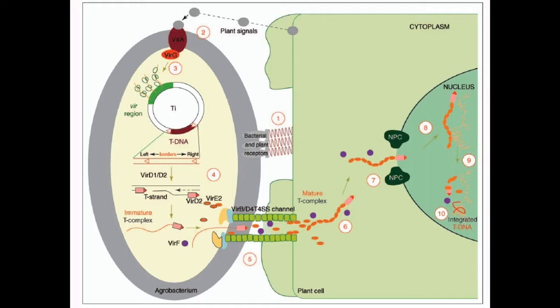So virD is one protein, virD2 is another protein. I don't care that you know what each individual protein does because honestly, I don't know what each individual protein does. The nice thing about this slide is that it shows you that there is quite an array of virulence proteins that have varying roles within this process.